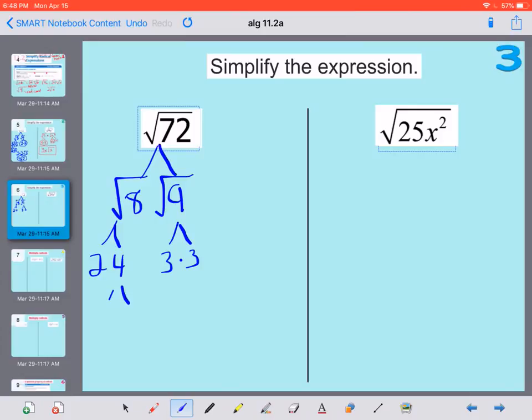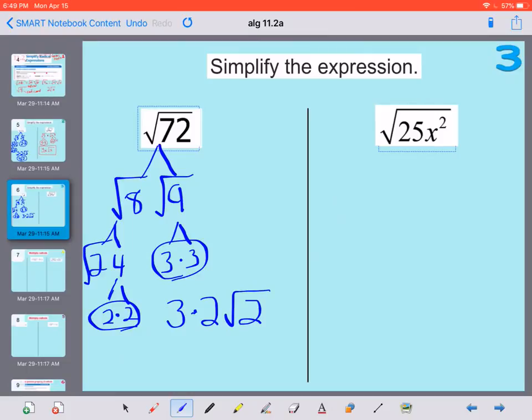I can split up 4 into 2 times 2. So I have factors of 3 and 2. So I'm going to have 3 times 2, left over a square root of 2. 3 times 2 is 6, times the square root of 2.